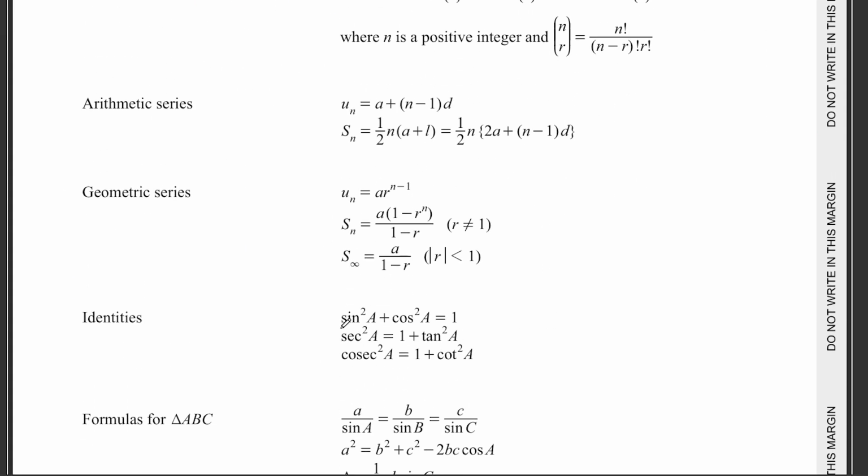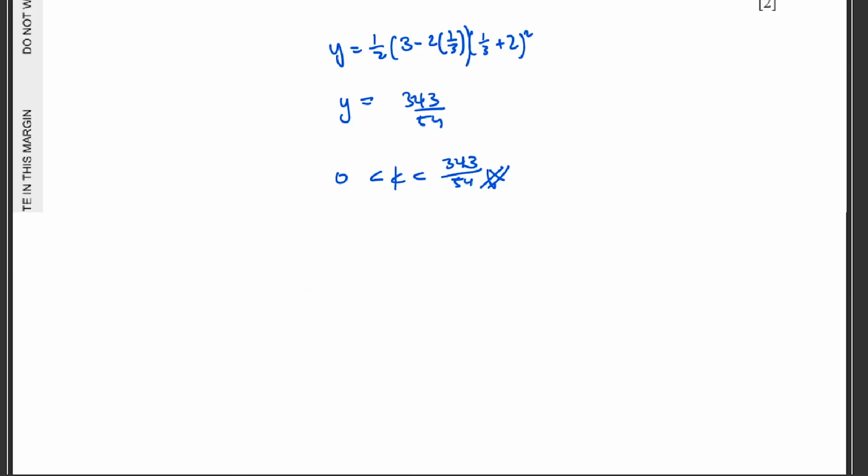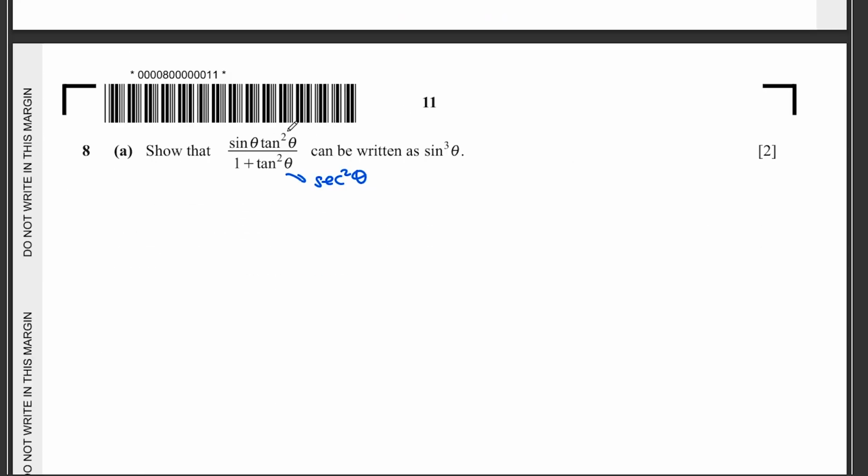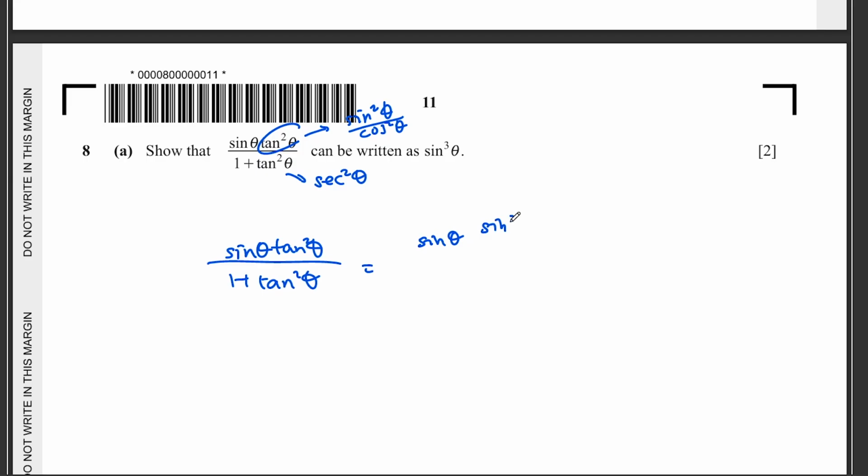This one, the second one, 1 plus tangent squared, is equivalent to secant squared. And then tangent squared, I'll rewrite as sine squared over cosine squared. So this entire left hand side, I can transform it to sine theta times sine squared over cosine squared.